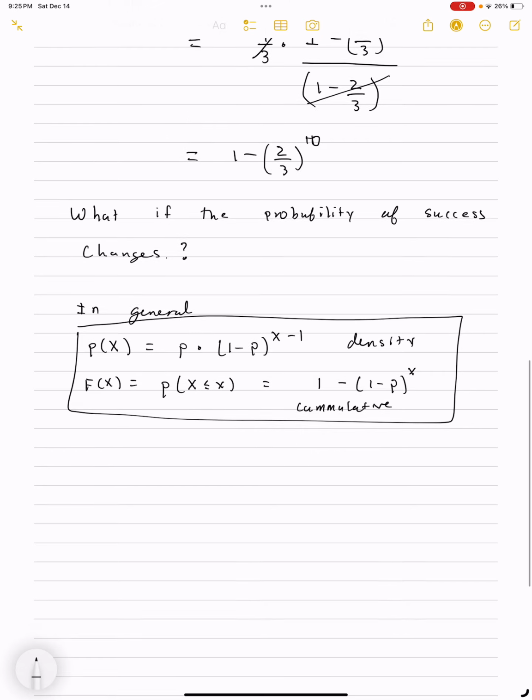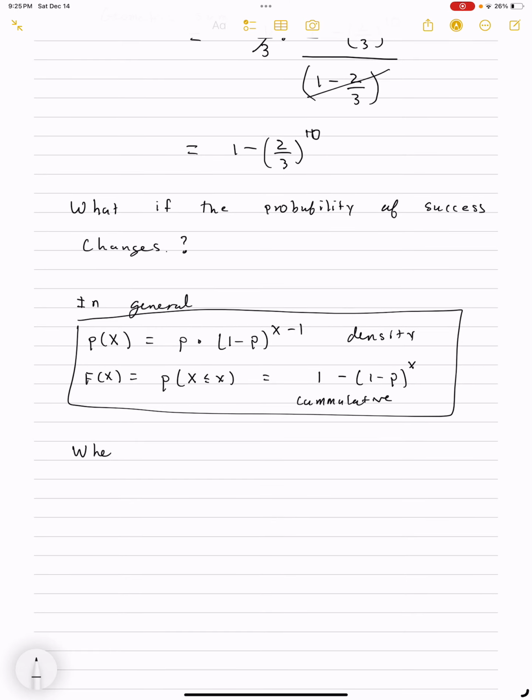One last thing is, when can we apply this? Well, when can we apply these formulas? Well, there's some criteria.